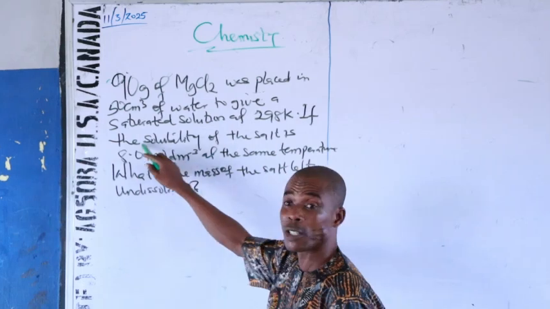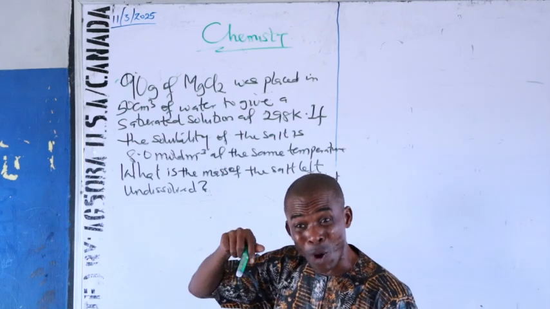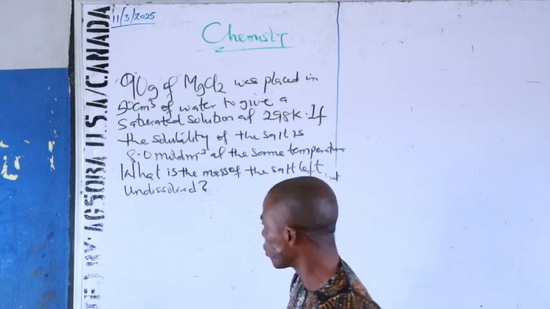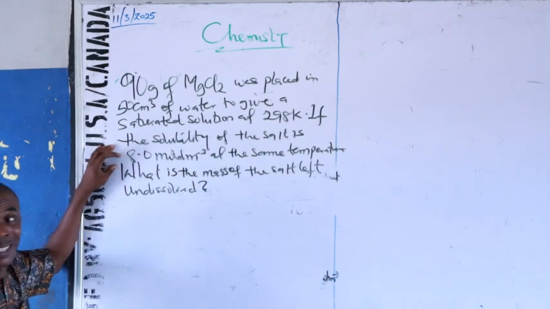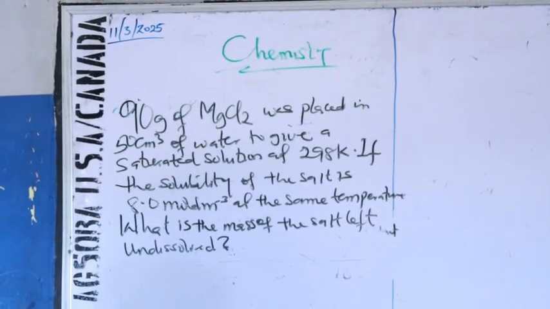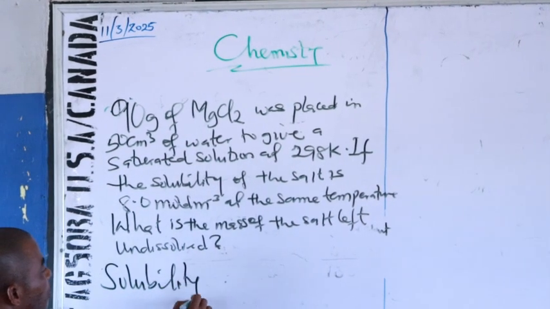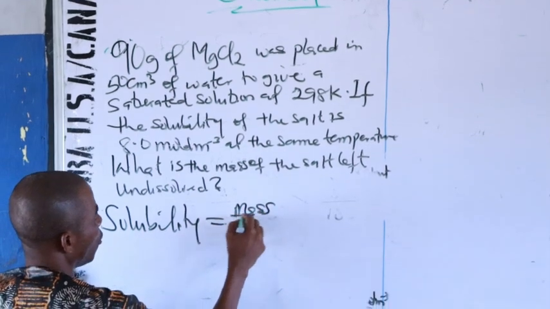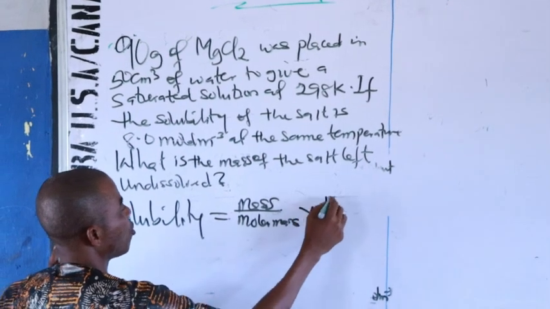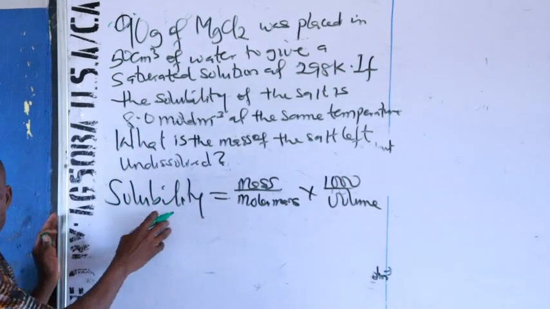The solubility of the salt is 8.0 mole per decimeter cube. From this solubility, we can get the maximum mass of solute that will dissolve in 50 centimeter cube of water. So we use solubility is equal to the mass of the solute over the molar mass, times 1000 over volume.